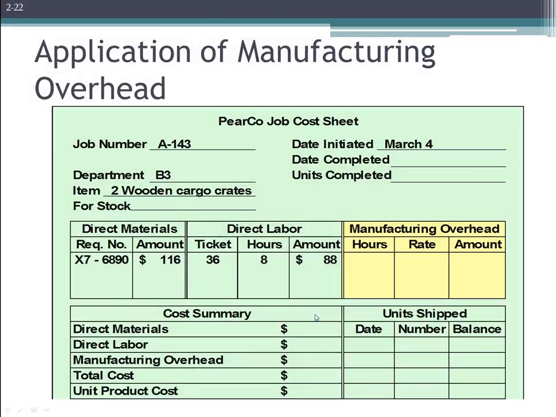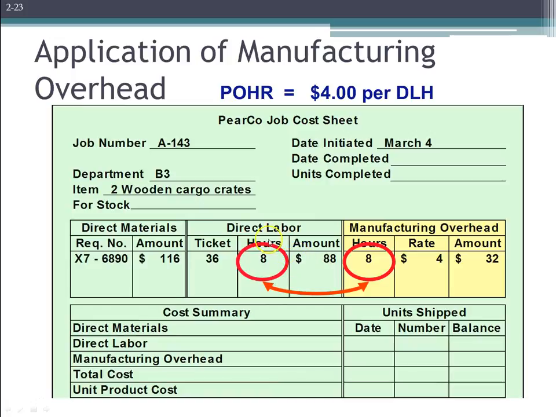So let's go ahead and jump back to our example. Remember, our predetermined overhead rate is $4 per direct labor hour. How much manufacturing overhead would we apply to this job? Well, we know that our direct labor hours are 8, so we are going to apply that $4 per direct labor hour. Manufacturing overhead, we will take 8 hours multiplied by our predetermined overhead rate, and that's $32.